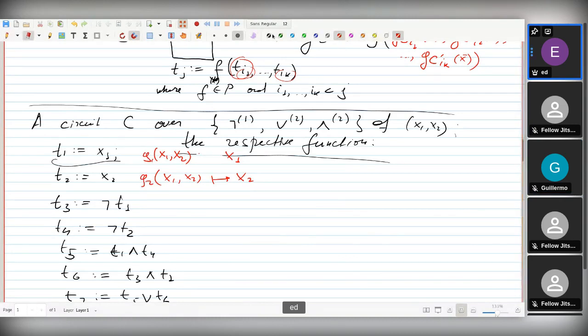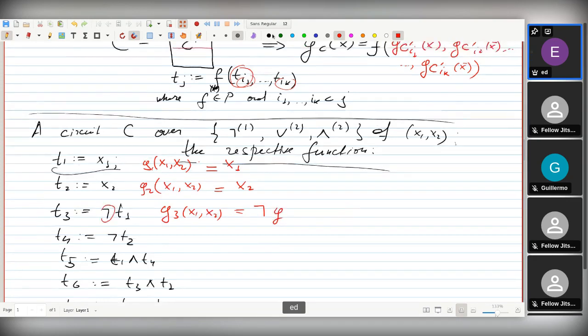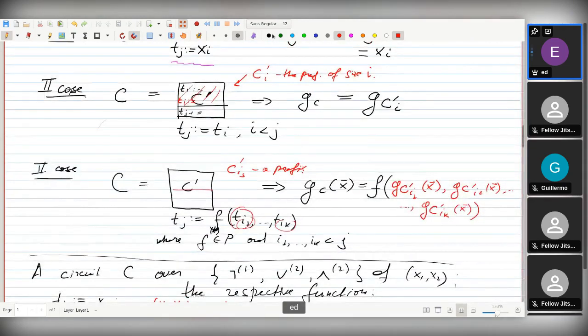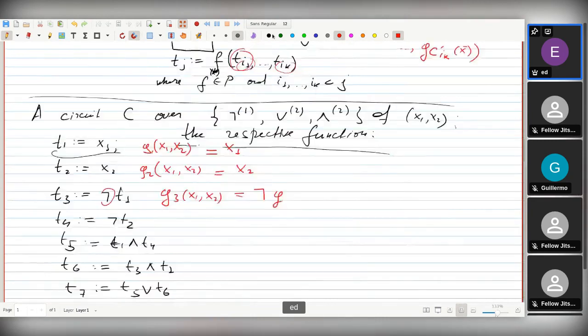Okay, so this is, say, g1, g2. Let us give some names to these functions. And here we have g3. It is another function of x1 and x2. They are all functions of the same input. And it must be negation applied to the function corresponding to the first line, that is to g1.